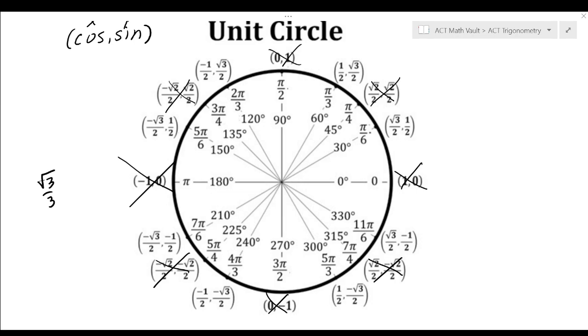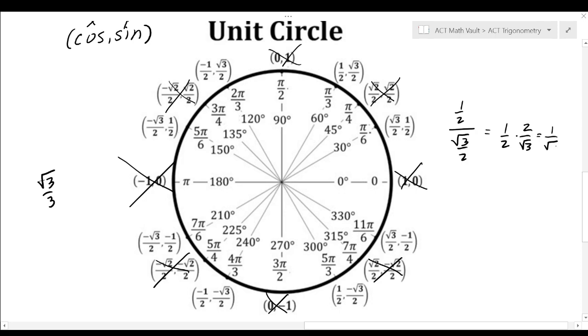So the question is, is it going to be this number over this number, or vice versa? This number over this number that will give me that. Let's try this first one. 1/2 would be the sine over root 3 over 2. That requires me to know I need to keep, change, flip.